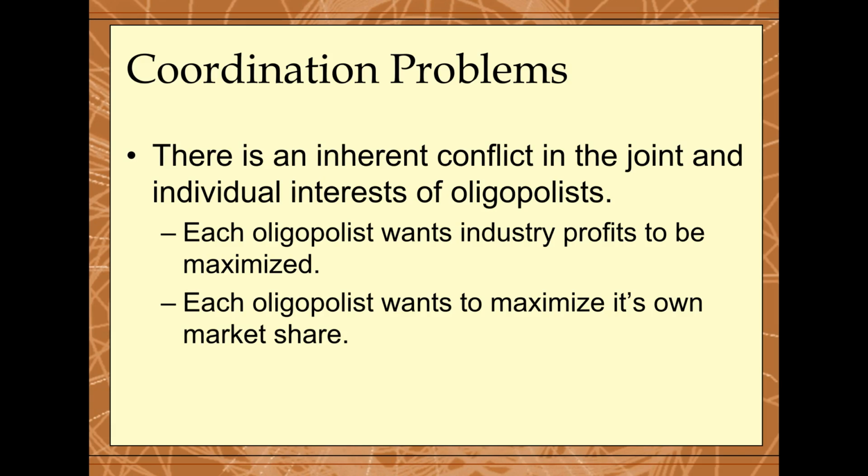If we both agree to raise price, but I cheat and I don't, I could steal some of your customers. So we agree to raise price. You raise your price, but what I do is I don't raise mine. Because of that, I can get some of your customers. And this makes it very difficult to coordinate behavior, because if there's incentive to cheat and there's no effective punishment mechanism, it's going to be almost impossible to cooperate.